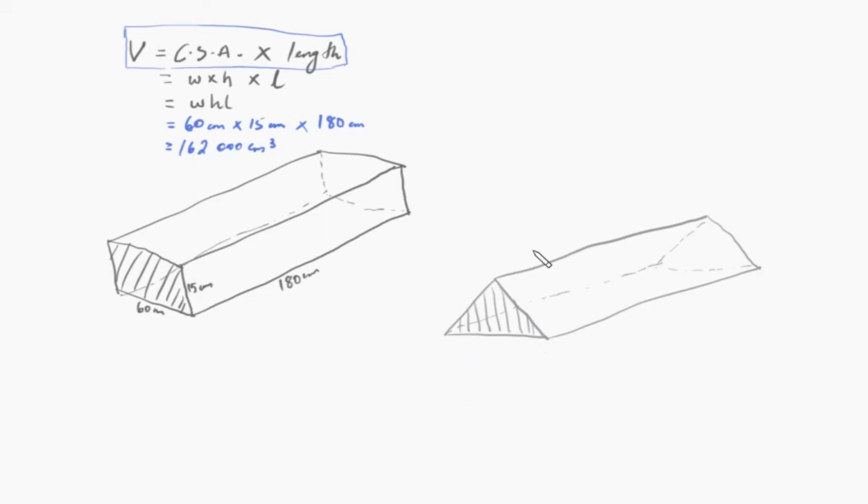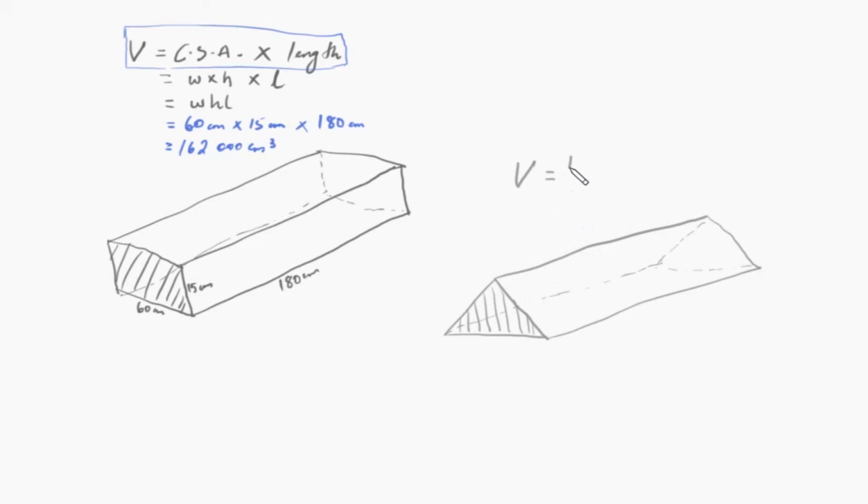Now, you are asked to find the volume of this shape. What you need to understand is this is the cross-section. The cross-section is a triangle. So the volume would be cross-sectional area by length. So the cross-sectional area would be the area of a triangle.